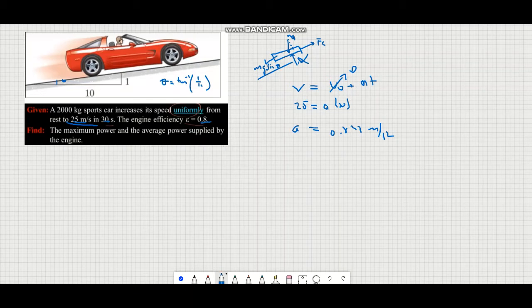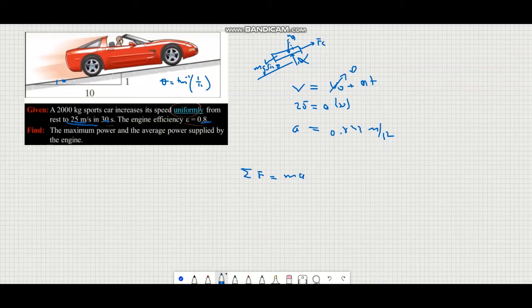When we find our acceleration from the kinematics term, we are gonna right now do the kinetics part, which is the total force is gonna be equal to the mass of this object multiplied by the acceleration, which is given here.